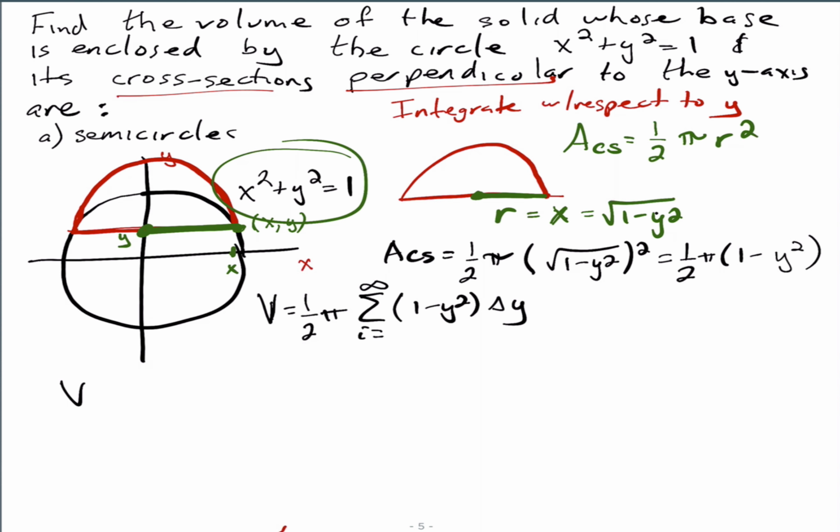Okay, so then this is equal to 1/2 pi times the integral of 1 minus y squared dy. And then from where to where? Nope.